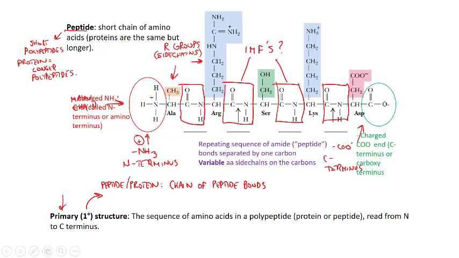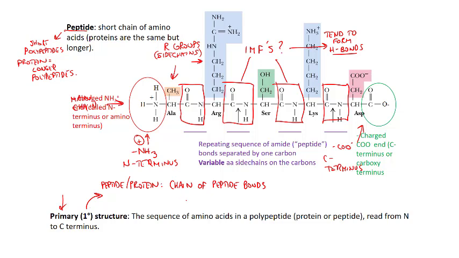Remember, we are always going to be in water in biology. Every molecule that we see, with only a few exceptions, is going to be completely surrounded by water at all times. So most likely what's going to happen is our peptide bonds are going to tend to form hydrogen bonds. What they form hydrogen bonds with, we're going to talk about momentarily. But regardless of the identity of our side chains, the peptide bonds are always the same, and the peptide bonds are always going to form hydrogen bonds.